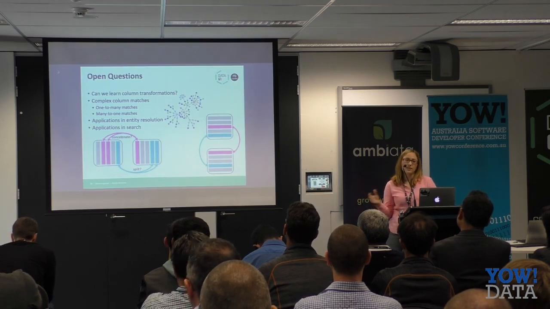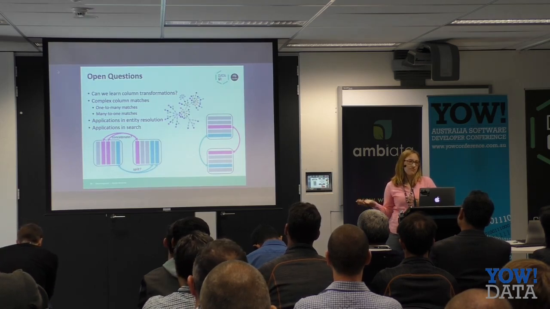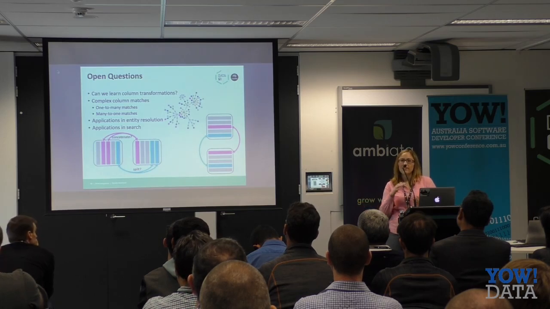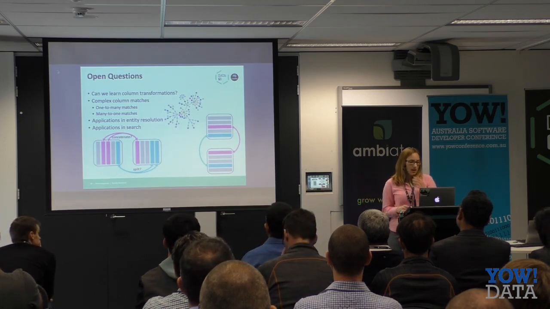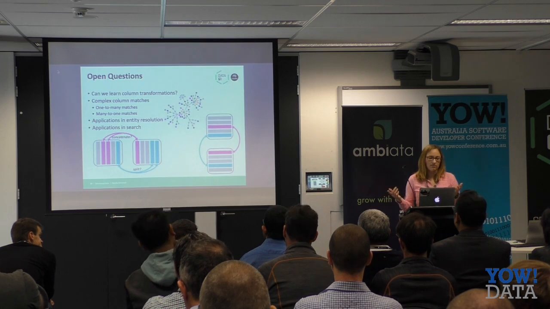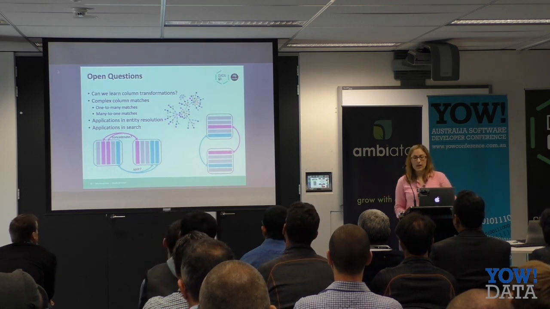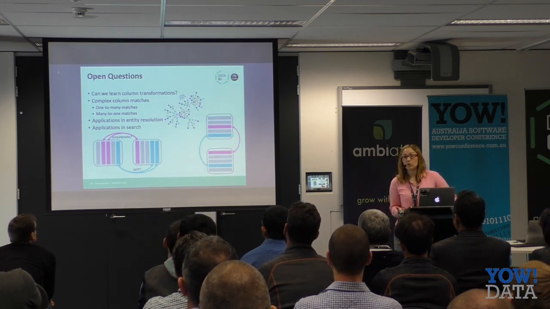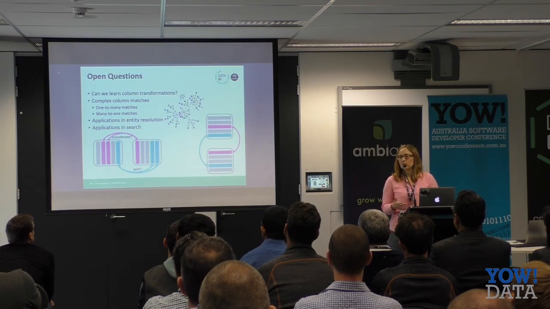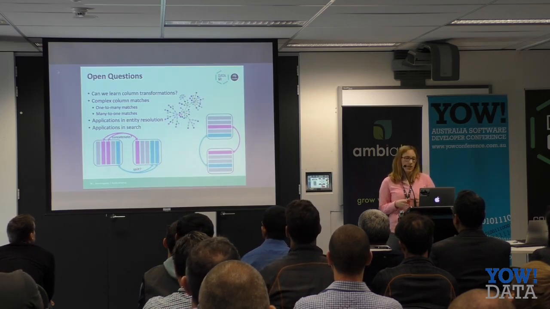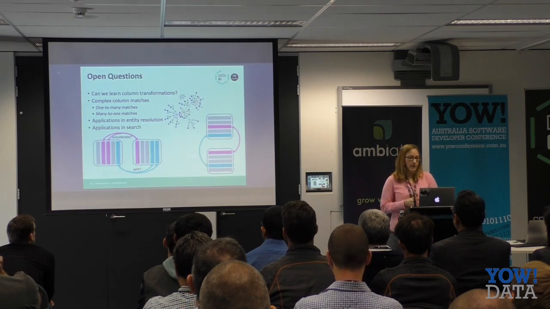So you need to do a transformation, or you have to match this. It's a 1-to-2 match, right? And the question here is, can we do that also in an automatic way? Can we use machine learning to help us find such matches and such transformations?